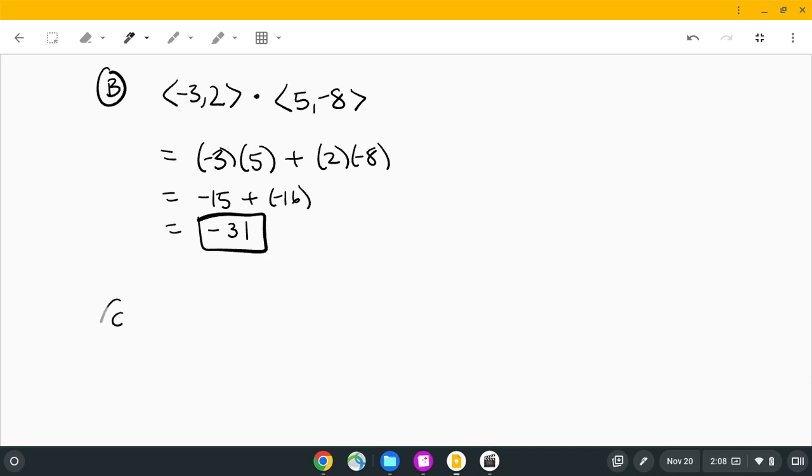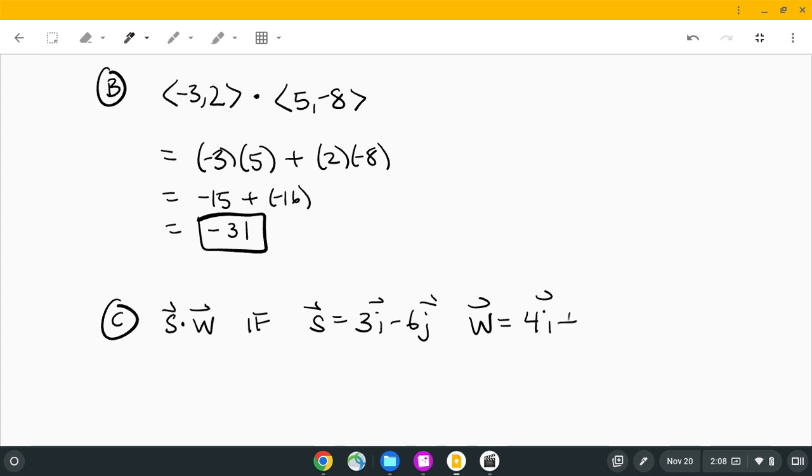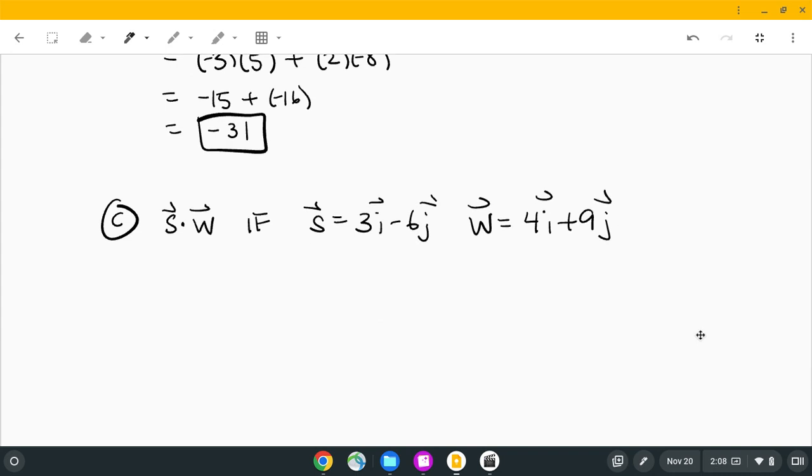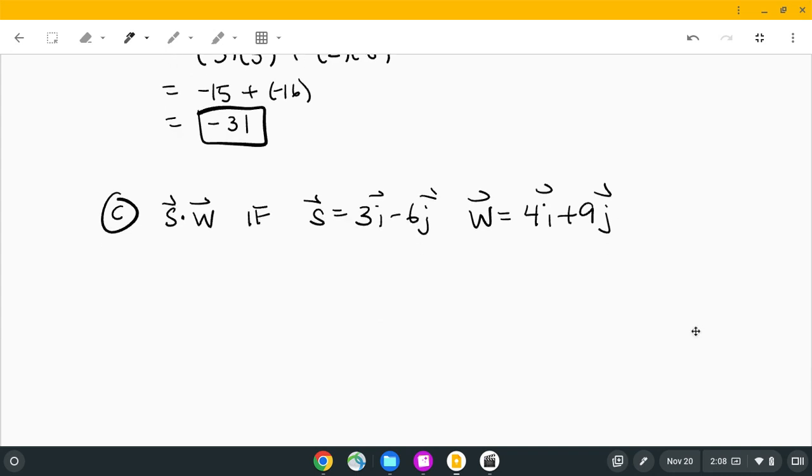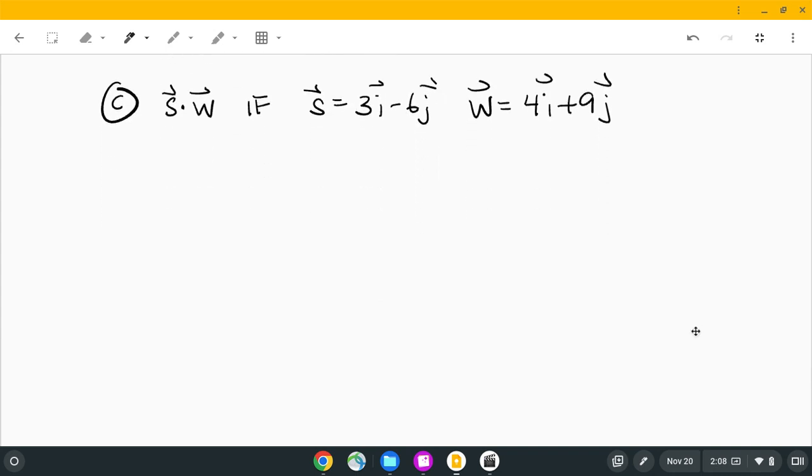Let's try it with ij form. Let's find s dot w if vector s is equal to 3i minus 6j, and vector w is 4i plus 9j. If you want to go ahead and try this and then come back and check your answer, go ahead and hit the pause button.